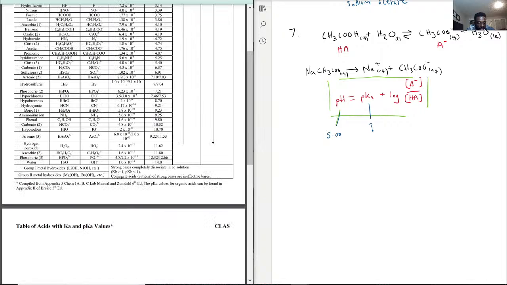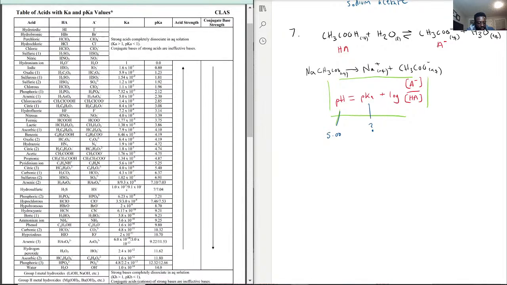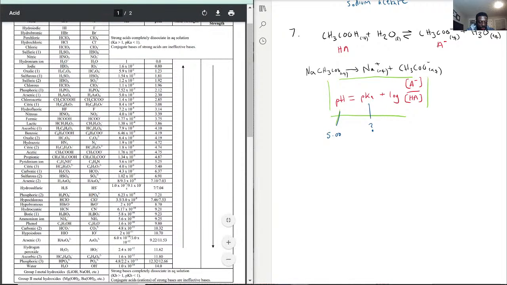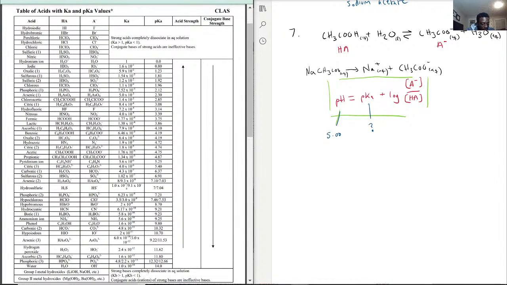So we want acetic acid. As soon as I see it, I will let you know. There we go. Acetic. Sorry, I highlighted two of them. It says 1.76 times 10 to the negative 5 is the Ka.